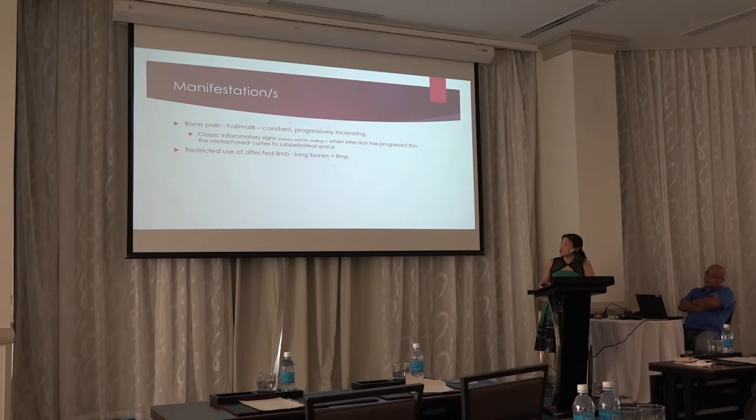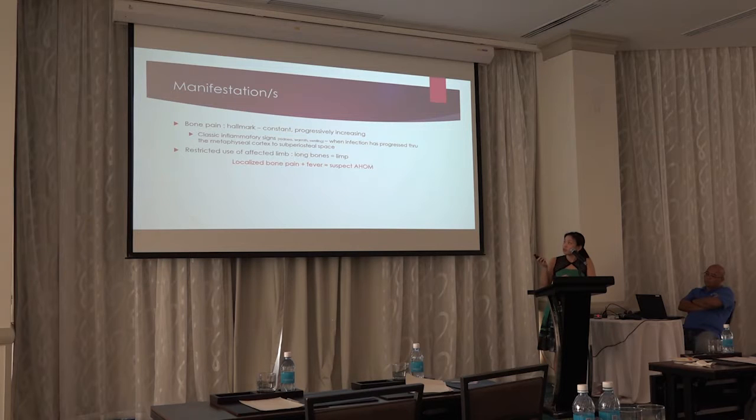The classic inflammatory signs only happen when the infection has progressed through the cortex to the subperiosteal space. So it's sometimes rather late, like mid-game, not early on. So sometimes you won't see erythema, you'll just see maybe some swelling, but the pain is remarkable.